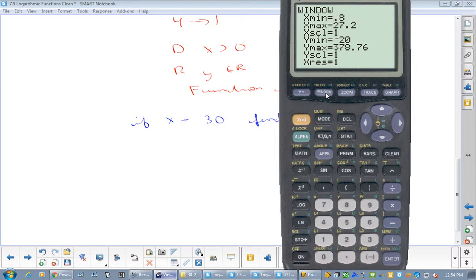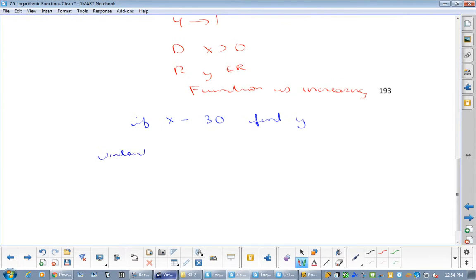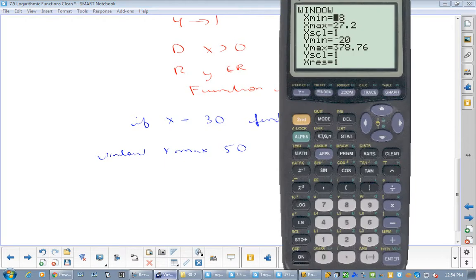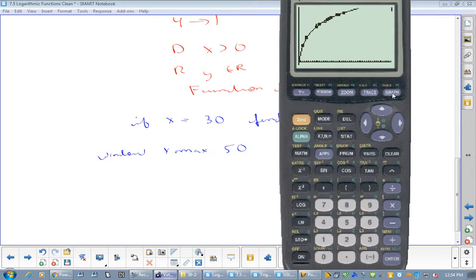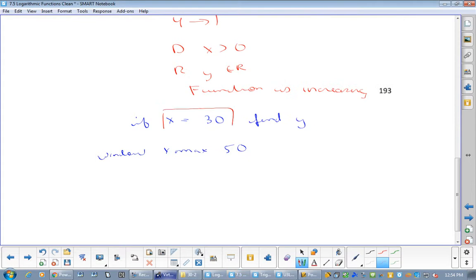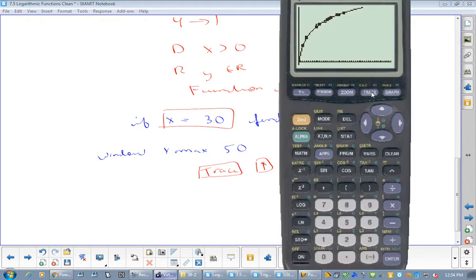Okay, we want to make x max maybe 50. So window, I want to make my x max 50. Now how do I find y when x is 30? So you have to go trace. Trace up. 30. What do we get? So trace, hit the up arrow, and then 30.